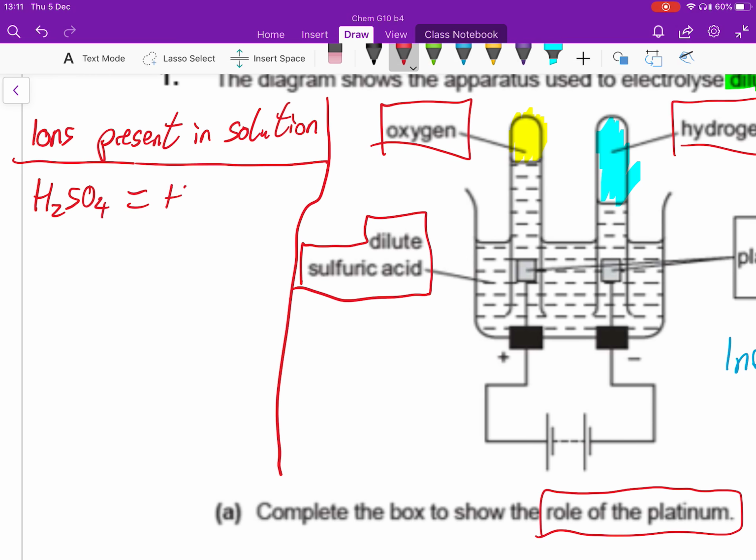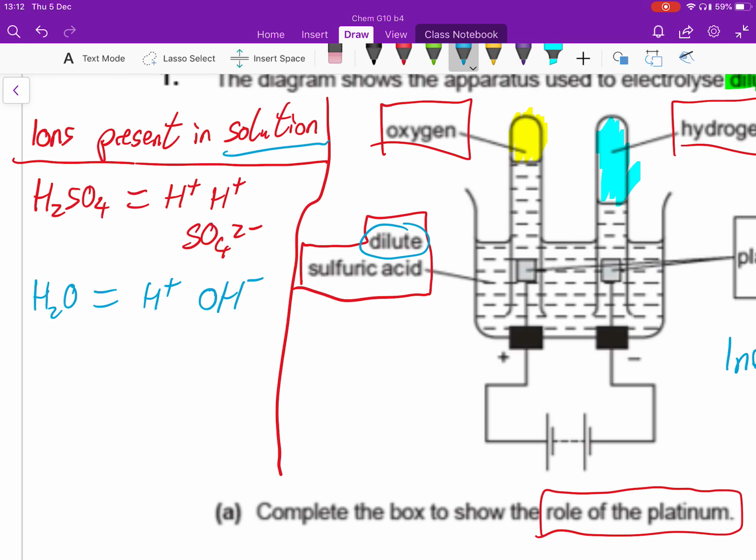So therefore I have a H plus, a H plus, and an SO4 2 minus. It is also a solution, it's dilute. So that means I've got a H2O. So I also have another H plus and an OH minus. So these are all of the ions which are present. 3 H pluses, 1 sulfate, and 1 hydroxide. SO4 2 minus being the sulfate, and OH minus being the hydroxide.